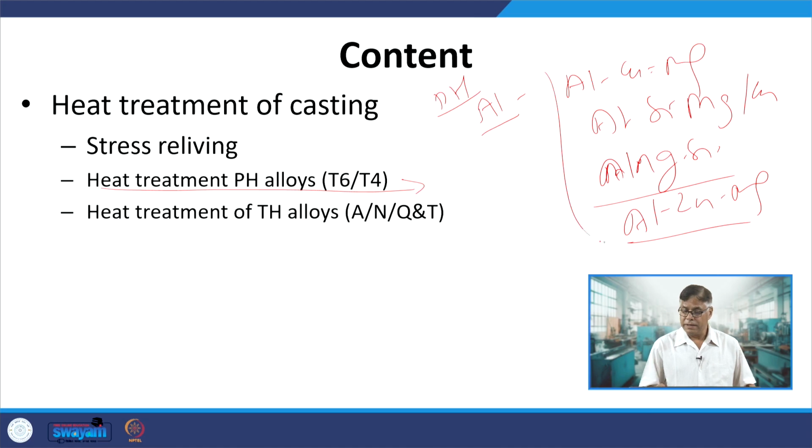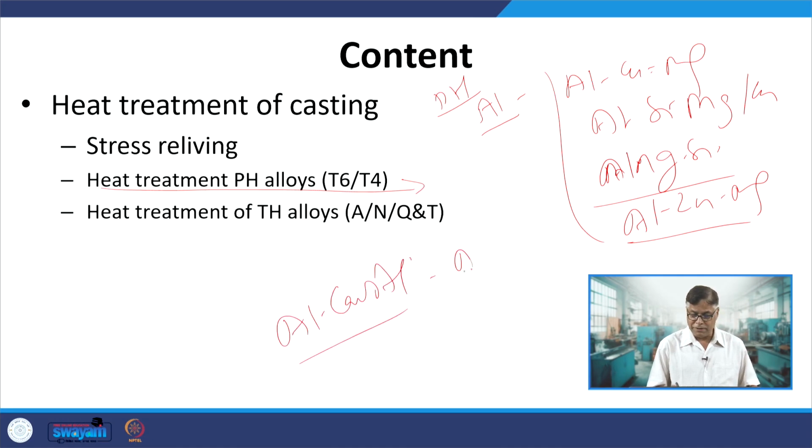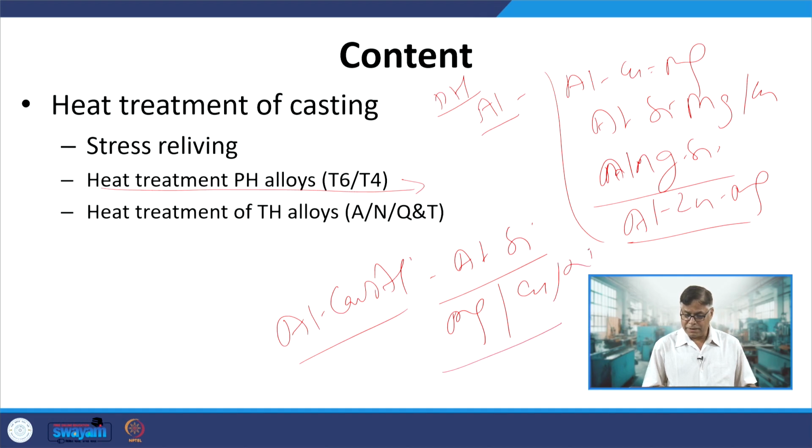These are considered the precipitation hardenable aluminum alloys. Aluminum castings are mostly made of aluminum silicon alloys coupled with a little percentage of magnesium and copper, and also sometimes nickel for high temperature properties.